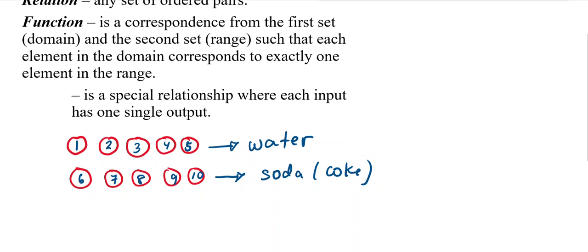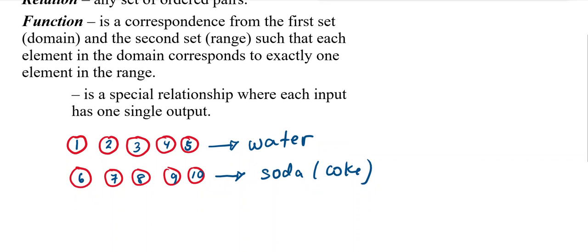If the machine is not broken, that means it is a function. If I press one, I'm for sure going to get a water. That means it corresponds to exactly one element in the second set. And if I press two, I'm sure I'm going to get a water, so I know that the machine is not broken.